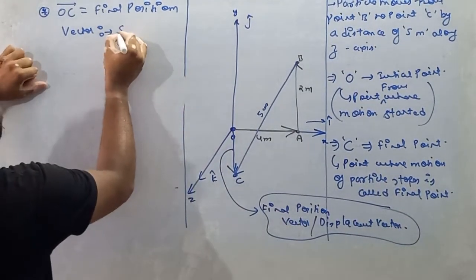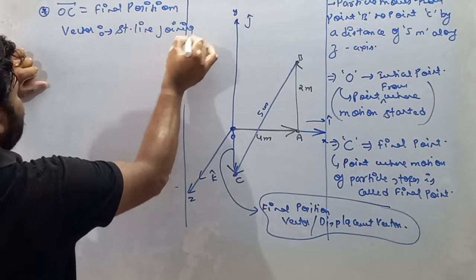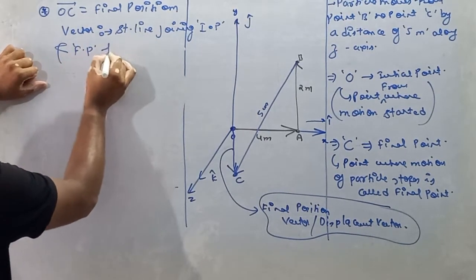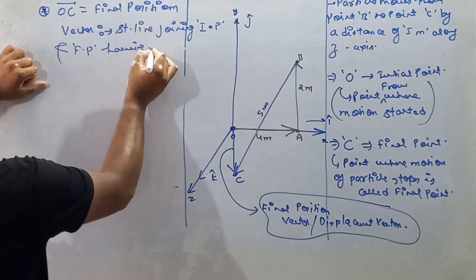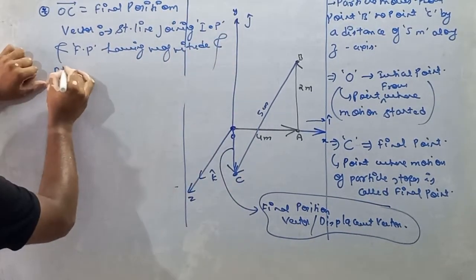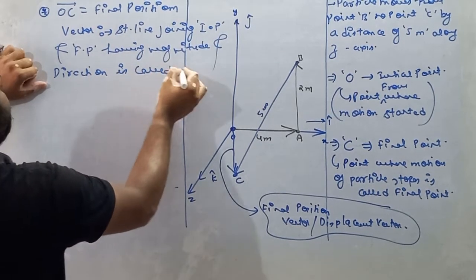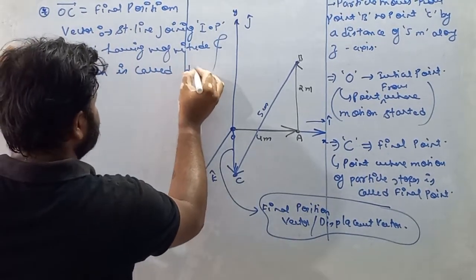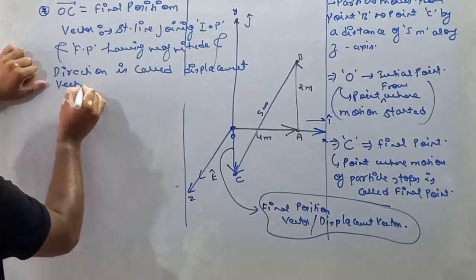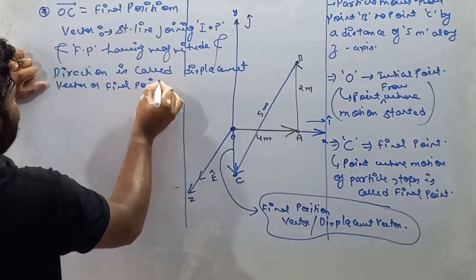So I'll write: straight line joining initial point and final point having magnitude and direction is called displacement vector, or final position vector.